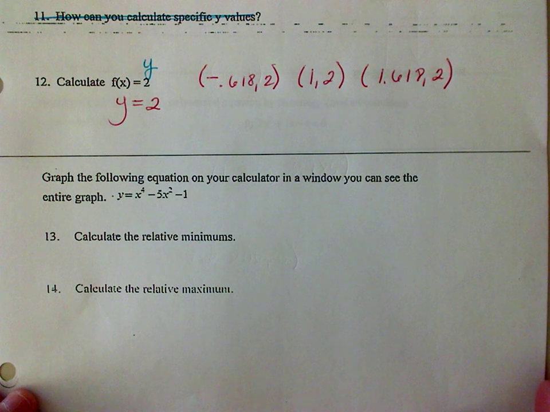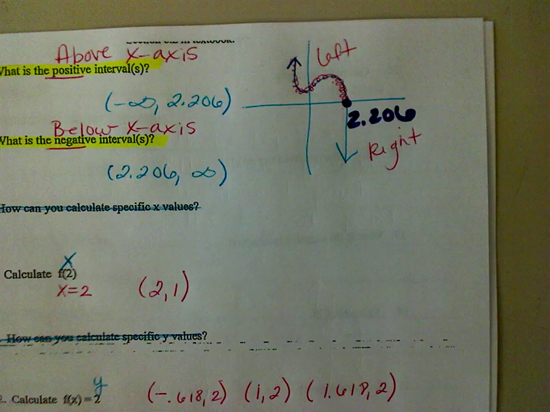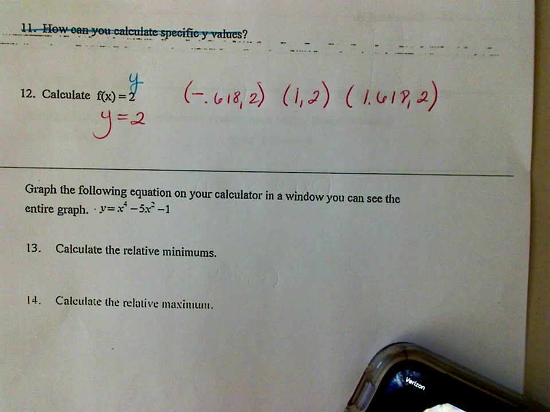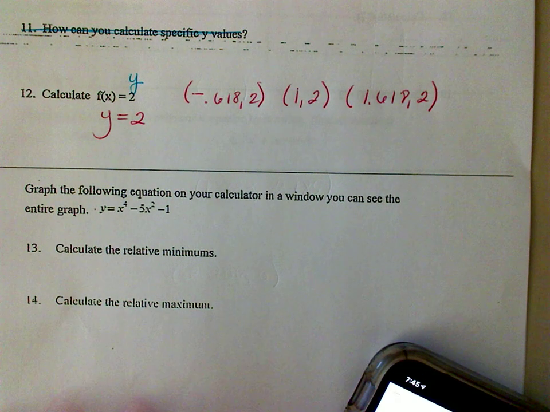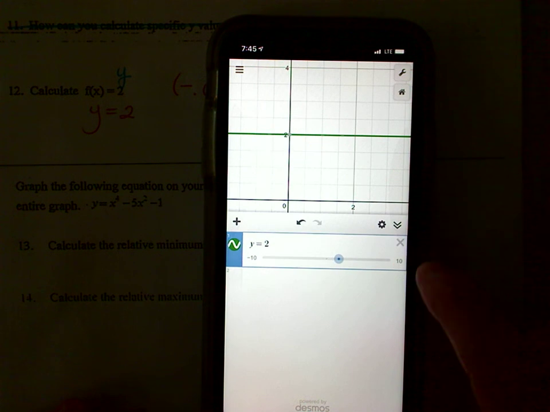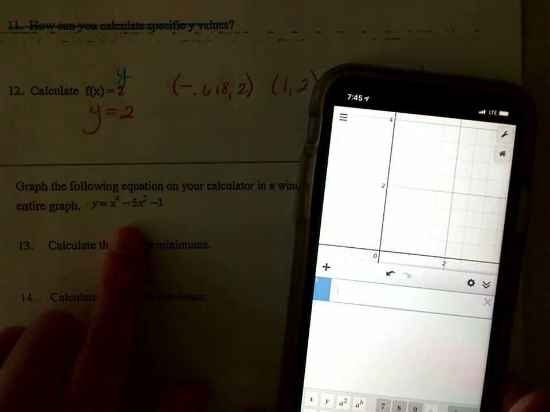This next example is just like the one we just did, except I kind of want to do the positive and negative intervals on this one. So let's go ahead and go to our Desmos calculator, get rid of all this stuff here. Let's go ahead and type in this equation.